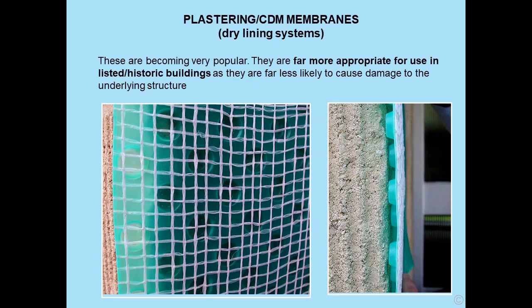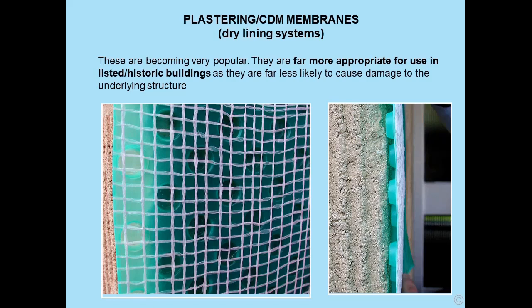However, we could also use dry lining systems such as these plastering or cavity drain membranes, and they are becoming very popular. Indeed, they are far more appropriate for use in listed and historic buildings, as they are less likely to cause damage to the underlying structure should the materials need removing.